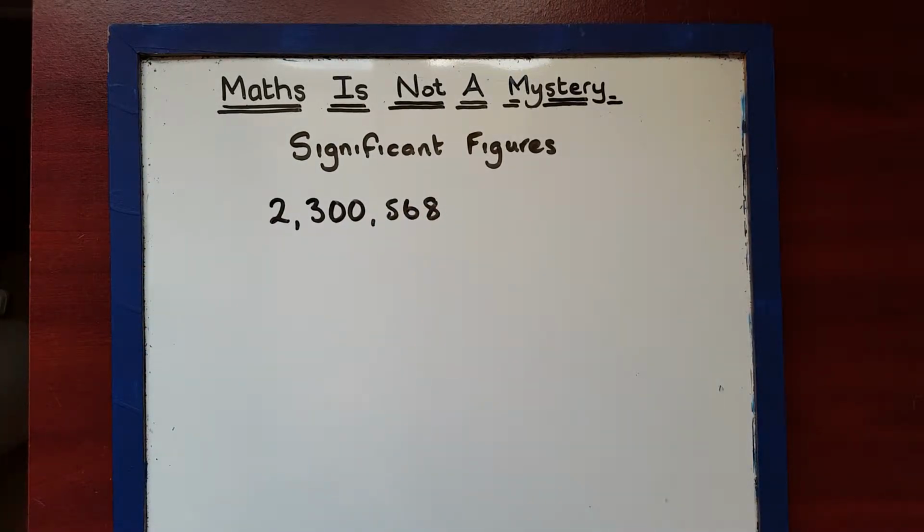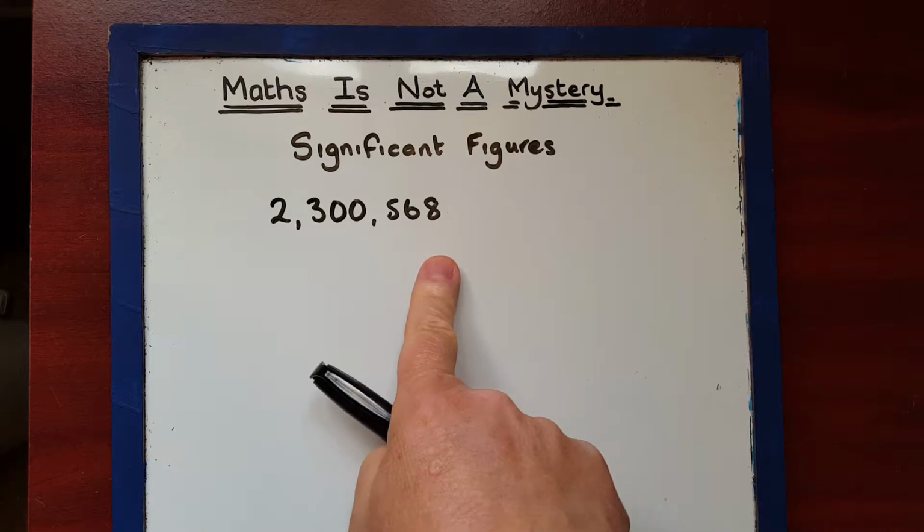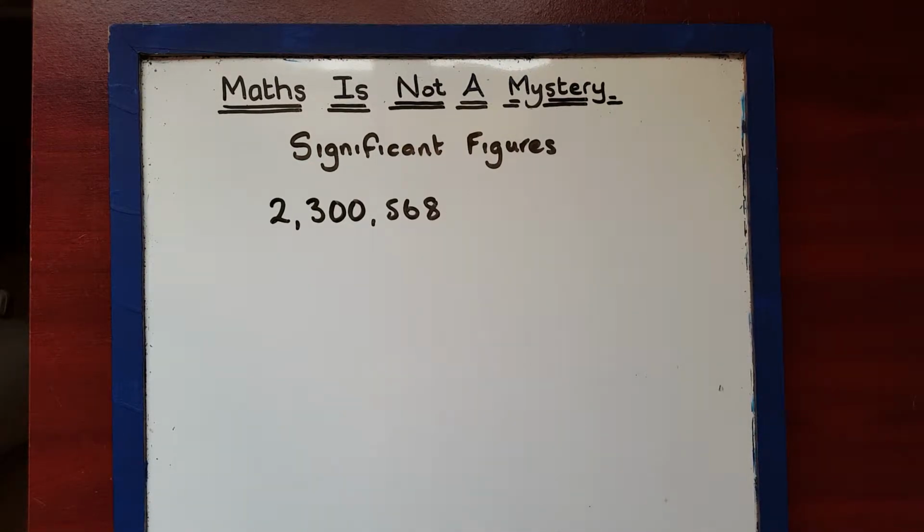Now, as we said in the previous video, that's not a very useful thing to say about a population because that number can change. In the course of a day, the population of a city will probably change. People are born or they die or they move, and so the number won't be exactly right at the end of it. It's not a very good guide.